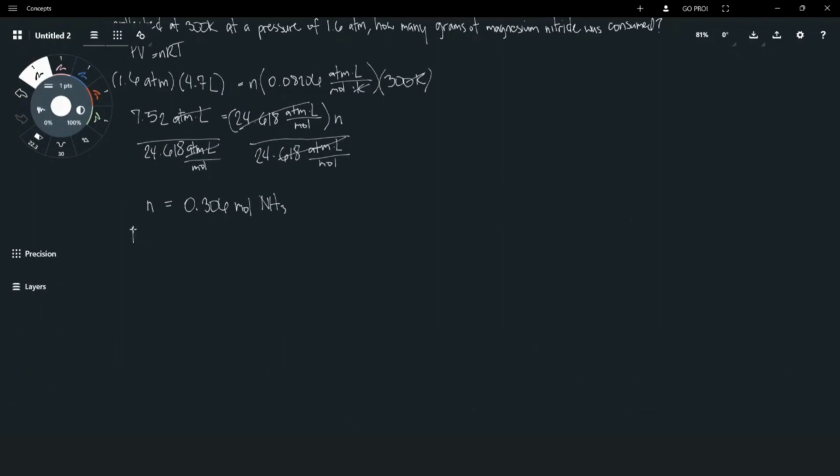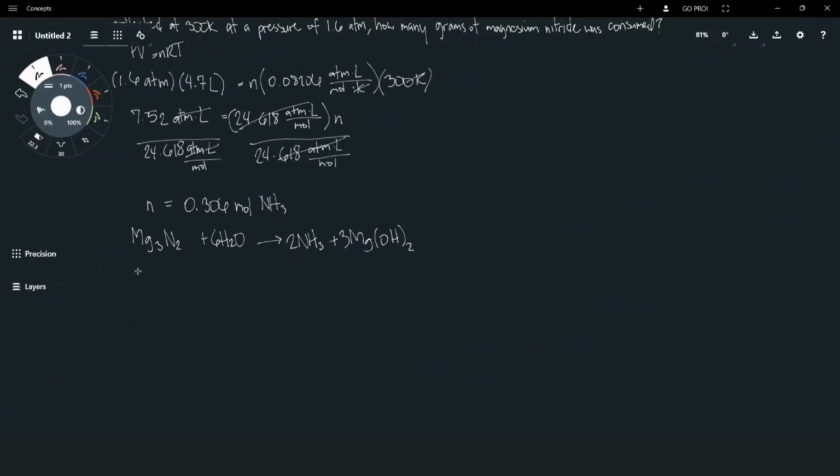So first we have the balanced equation of magnesium nitride and water combining to form ammonia gas and magnesium hydroxide.